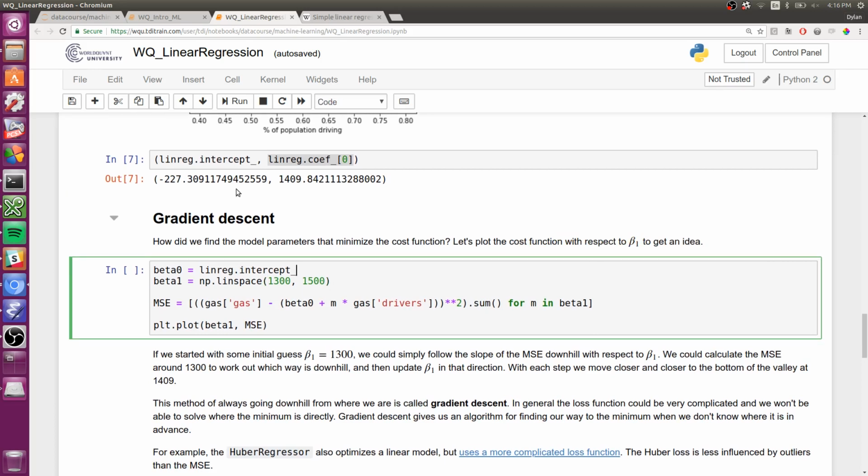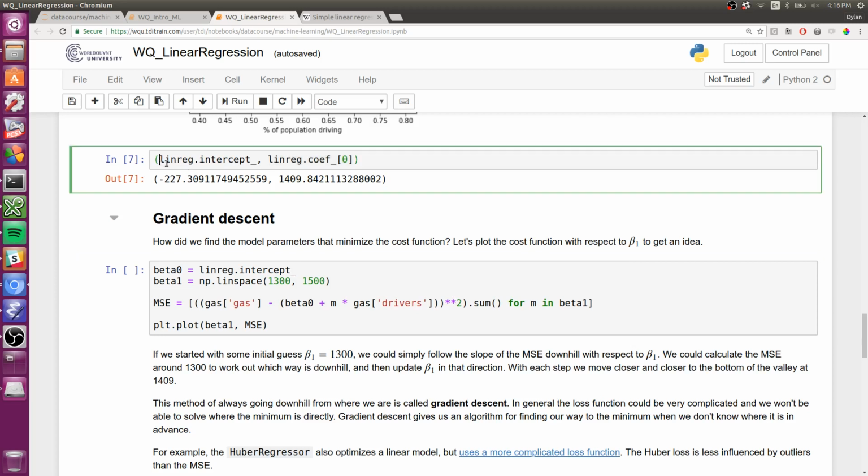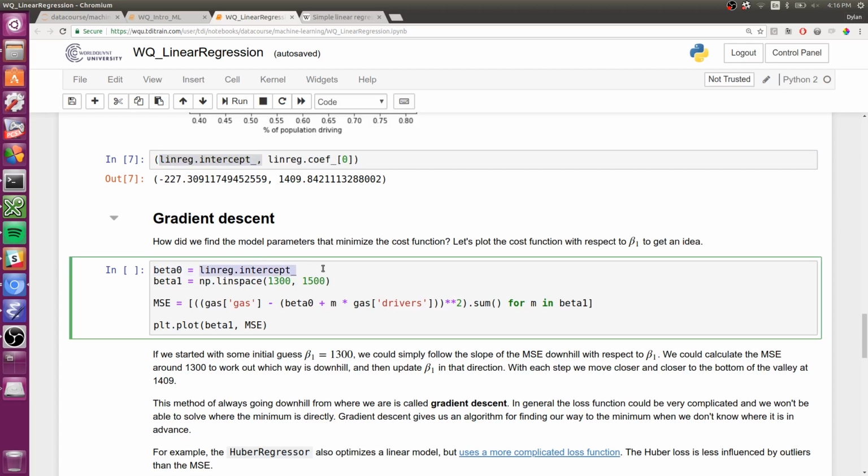I'm going to hold, meanwhile, beta 0 fixed at the value of the intercept that came out of our best fit model. And I'll let beta 1 vary from 1300 up to 1500. And I calculate the mean squared error for each value of beta 1 that I might consider.